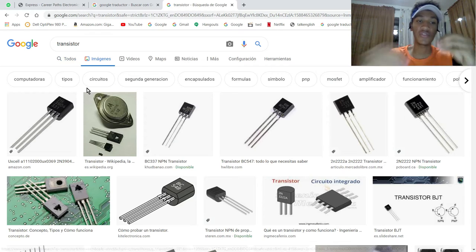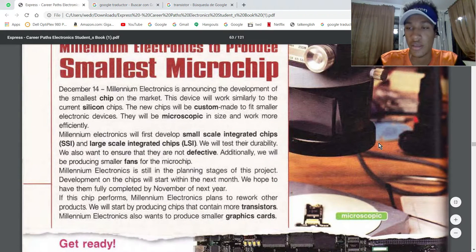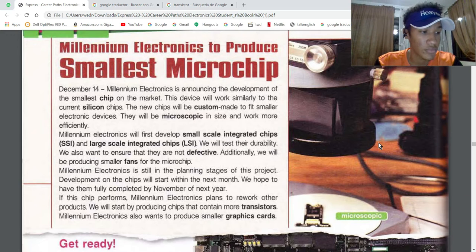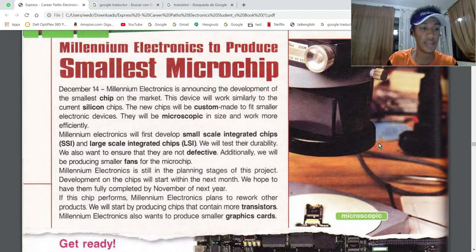So when you have transistors, you connect them together. You can make a calculator of binary numbers. You can make a memory with a transistor. A memory can save numeric input, binary numbers, hexadecimal numbers.